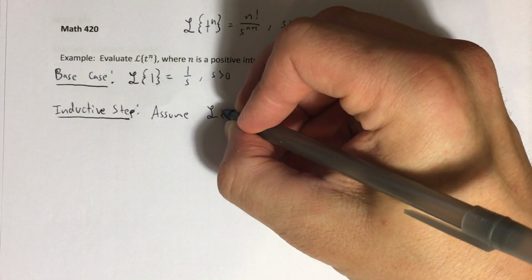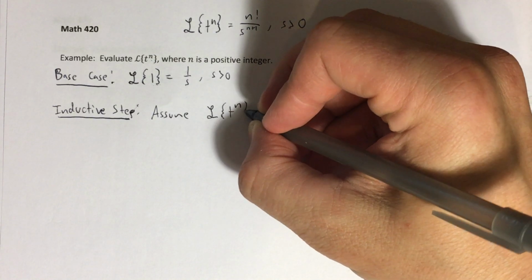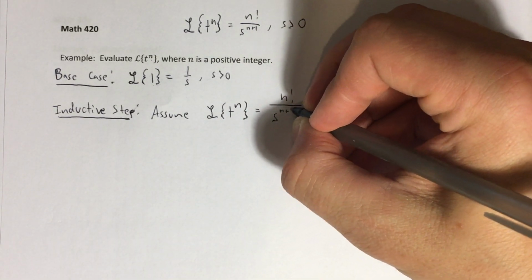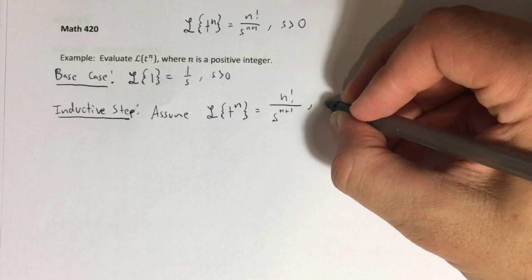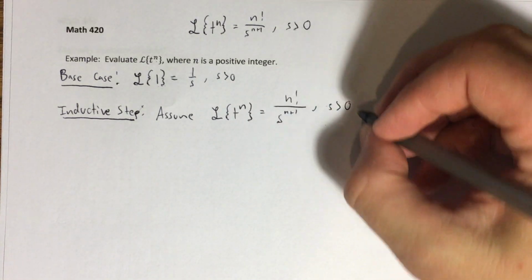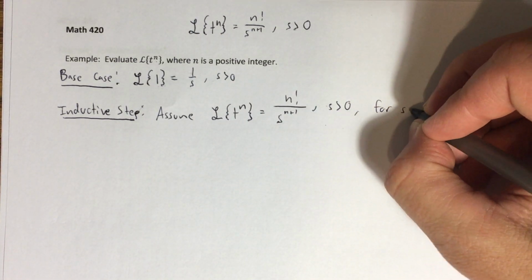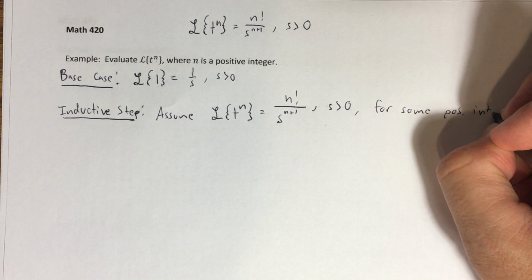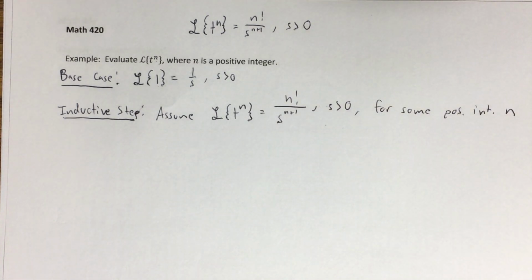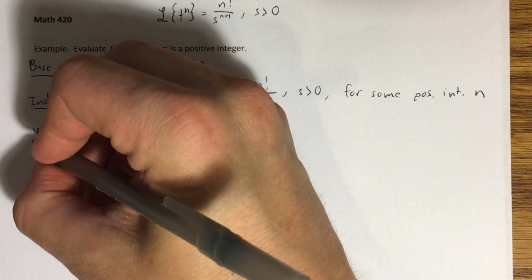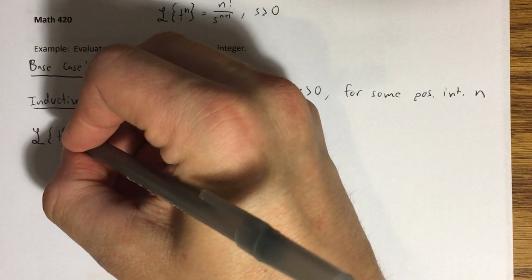Assume the Laplace transform of t to the n equals n factorial over s to the n plus 1, where s is greater than 0. And even though I'm not writing it, I'm saying that, well, I'll go ahead and write it, for some positive integer n.